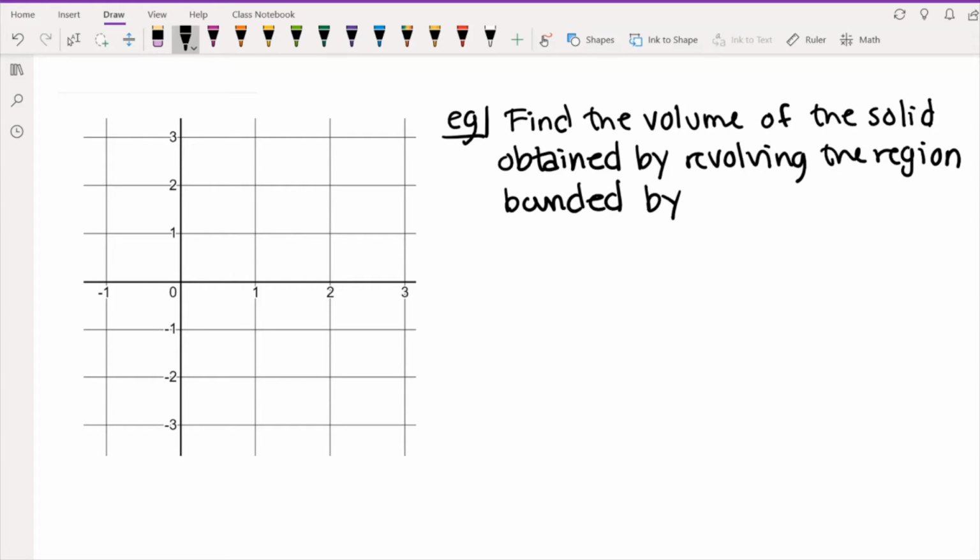So in this case, our curves are going to be y is equal to e to the x, y is equal to 3, and x is equal to 0. And we're still going to be revolving about the x-axis.